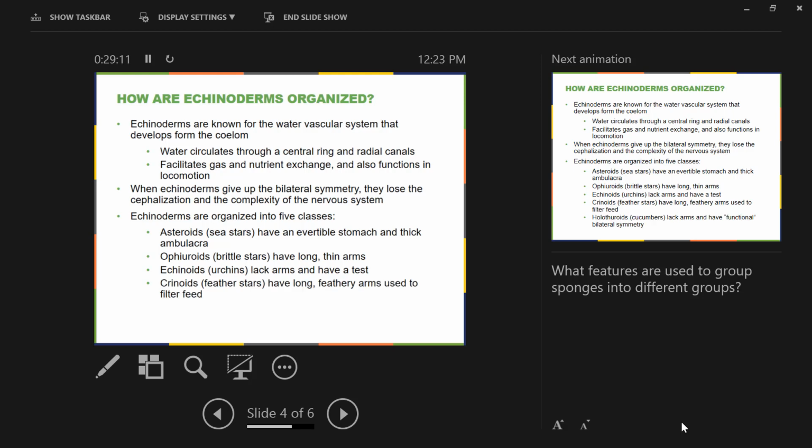Crinoids, also known as feather stars, are filter feeders, and they still have that obvious pentaradial symmetry, and they have these long feather-like arms that radiate out from the mouth and trap material and bring it down. In some ways, they look like a modified anemone.